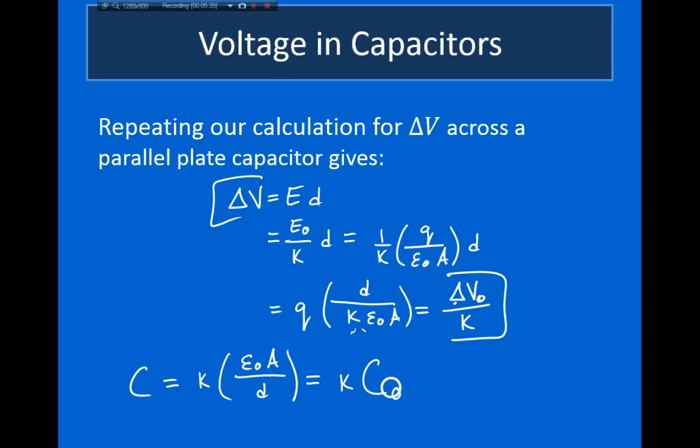And the C naught here, that's the capacitance of the parallel plate capacitor without the dielectric. So we can see that when we put a dielectric in between the plates of the parallel plate capacitor, it decreases the voltage by dividing it by K, or kappa, and it increases the capacitance by multiplying it by that dielectric constant. So let's go ahead and look at an example.